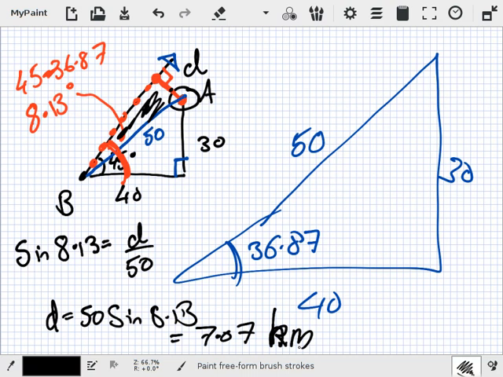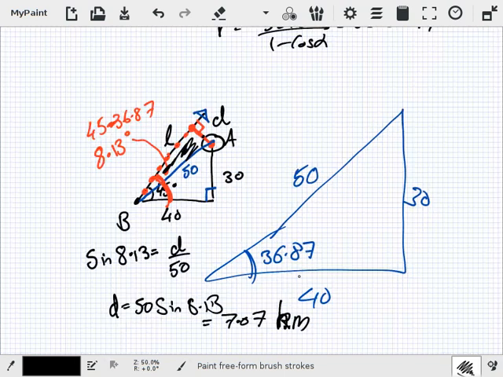Oh wait, I misread, sorry, I'm not quite finished. I've only worked out d, but actually my question was what is the distance it travels, so I'll call that L. So look, if I know 50 and I know d, then I can use Pythagoras to get L. So let's do that.